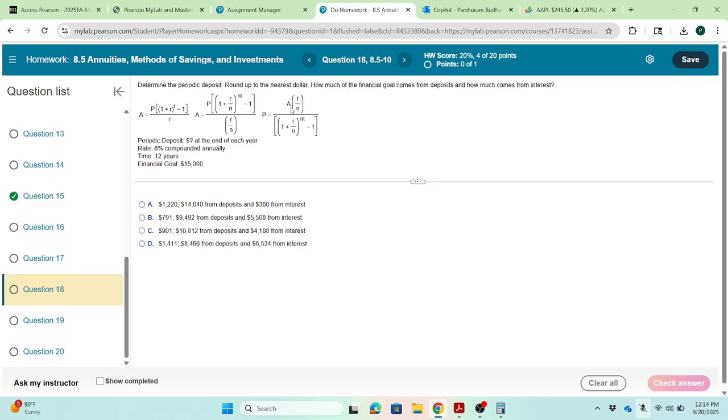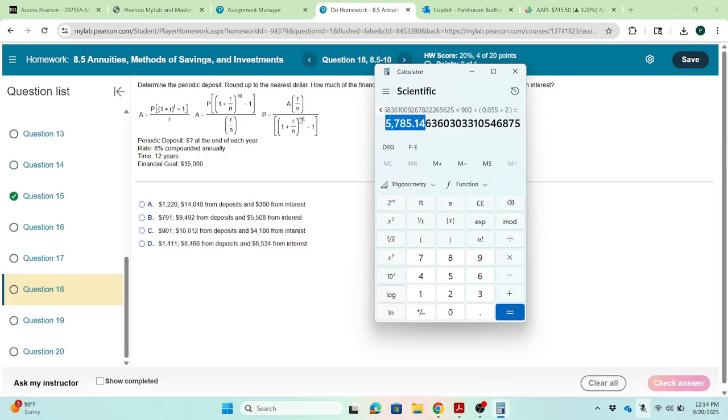So A is 15,000, rate is 8%, N is 1 because once a year. So we're going to use this formula. I'm going to calculate the value inside here. A is 15,000, that's the goal, times R over N. R is 0.08, divided by 1 because it's once a year.